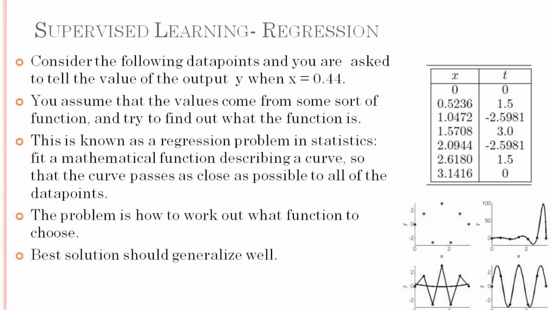Since the value x equal to 0.44 is not in the examples given, you need to find some way to predict what value it has. You assume that the value comes from some sort of function and try to find out what the function is. Then you will be able to give the output value y for any given value of x.